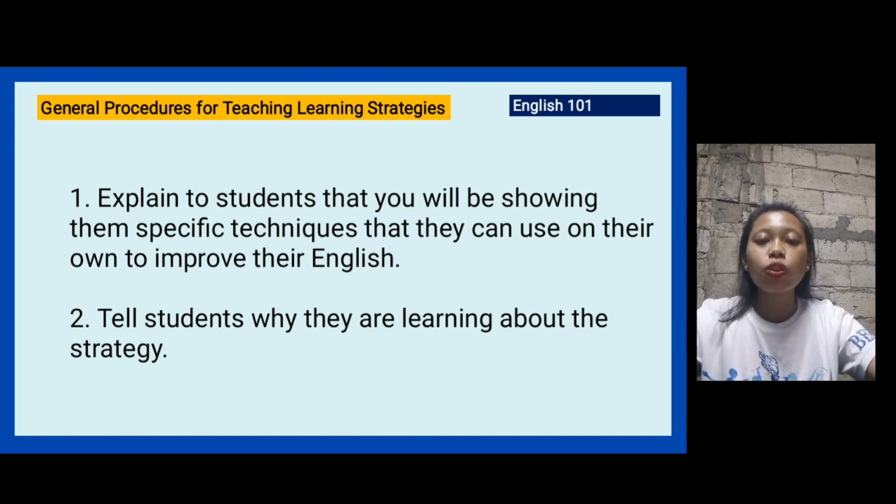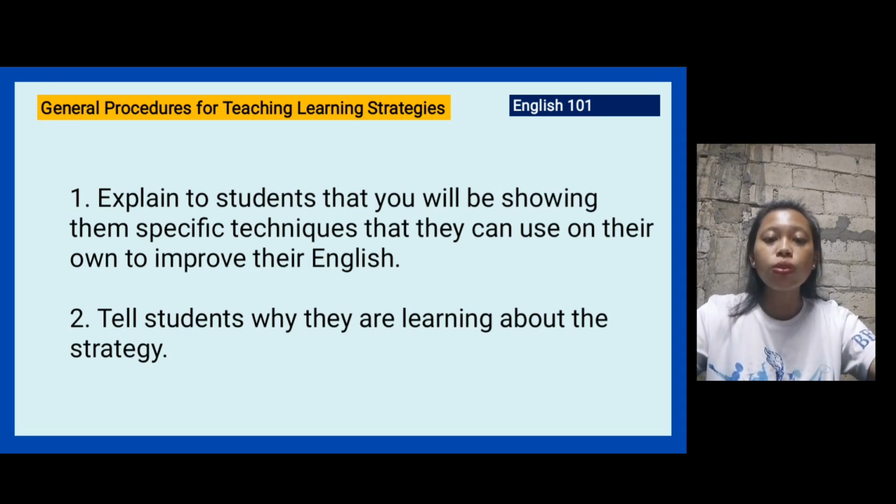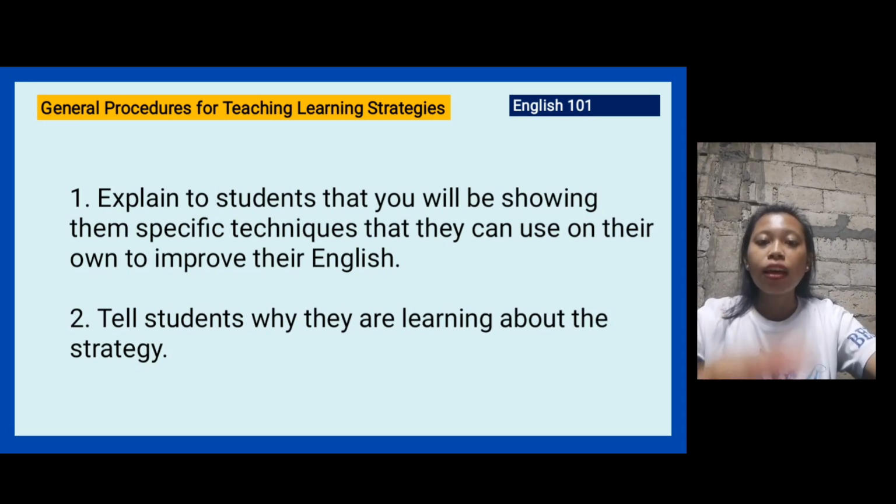Tell students that you will teach them special techniques that can help them learn English better, just like successful learners do. Explain that these strategies are used by successful learners and can help them too. This helps students become independent learners and motivates them to take responsibility for their learning.